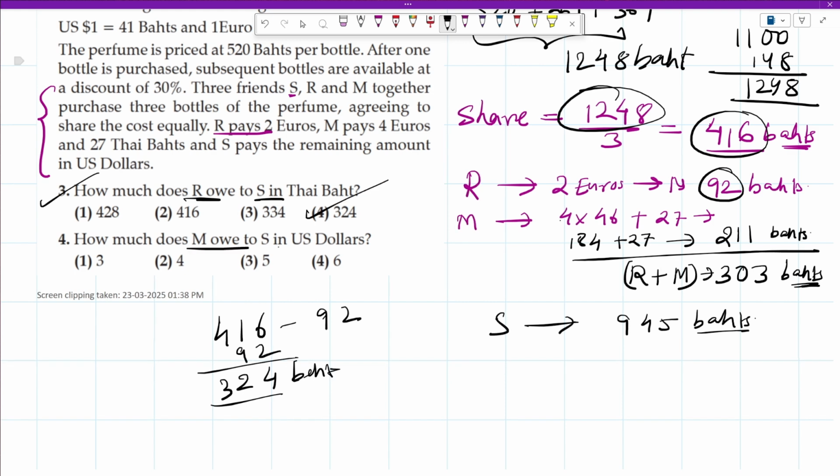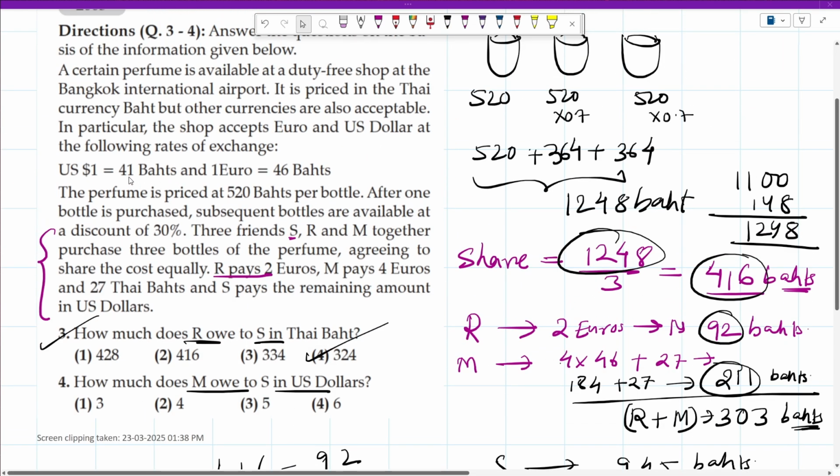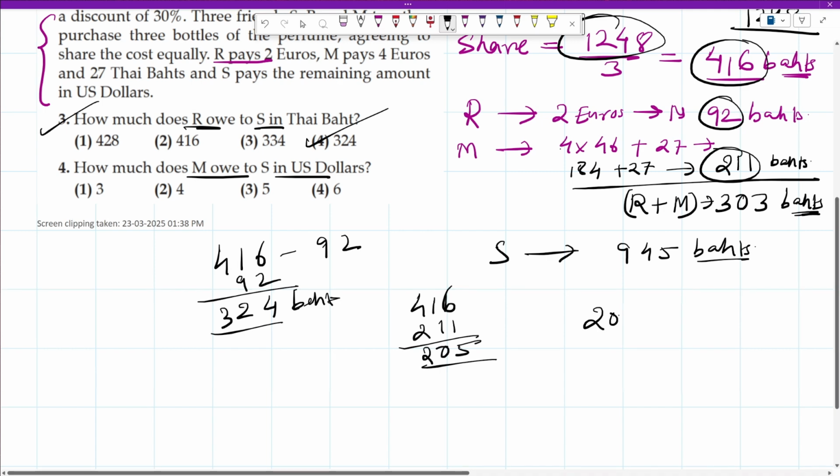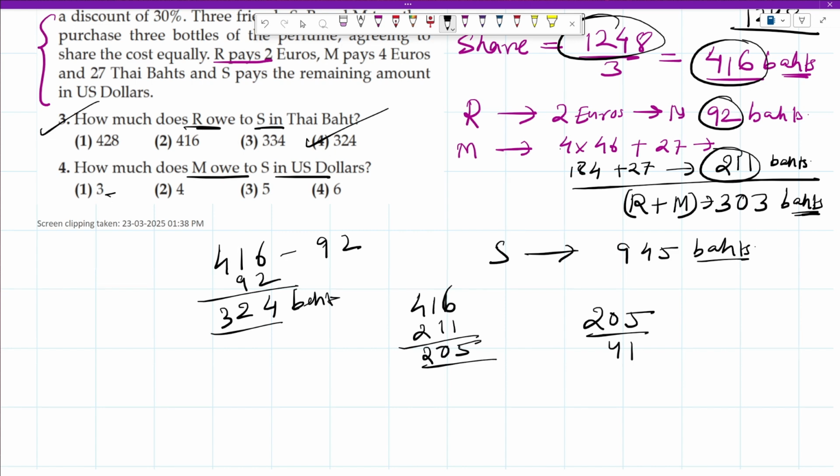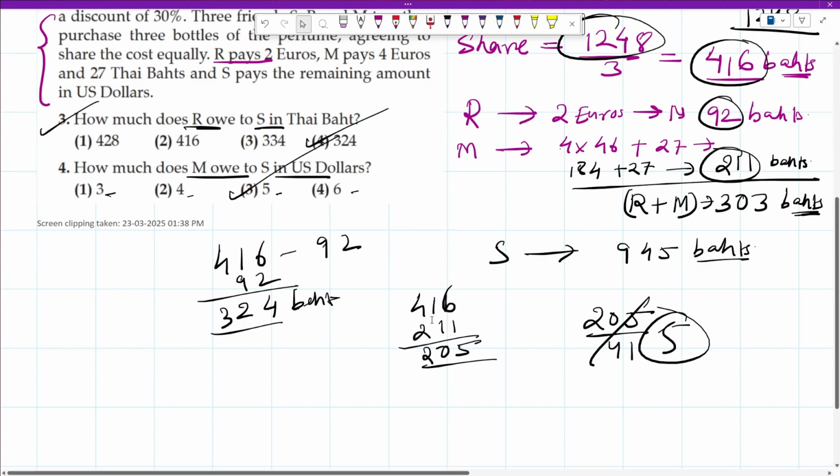How much does M owe to S in dollars? 211 he has paid, so 416 minus 211 is 205. But they are asking for dollars, so what is the dollar conversion? 41. So 205 by 41, let's see if it cuts. Options are 3, 4, 5 and 6. It cuts to 5.